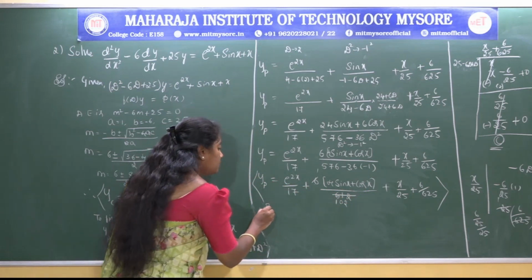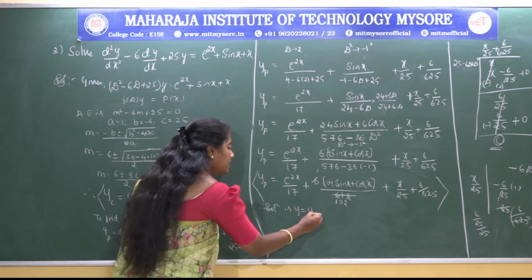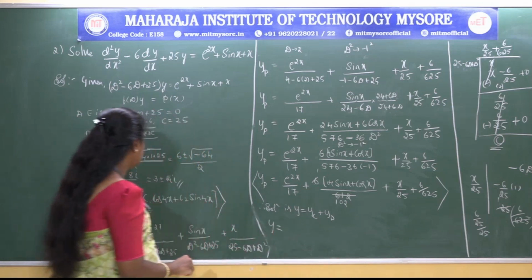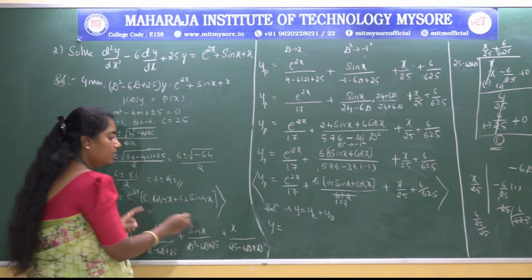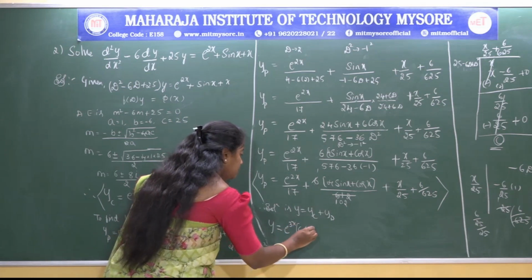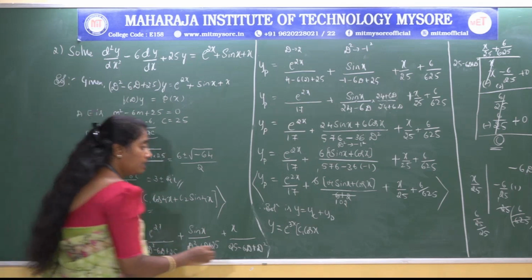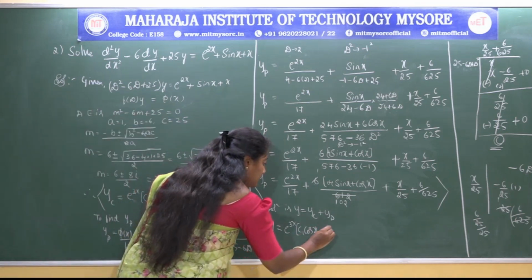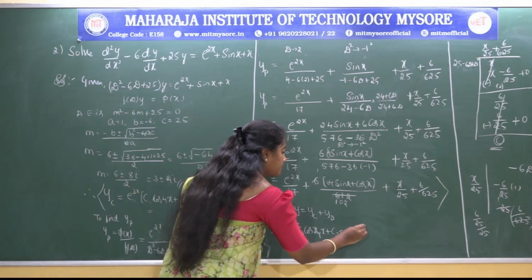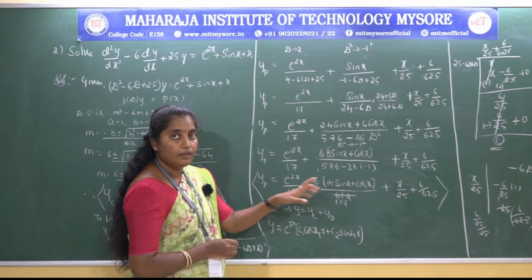Therefore the final solution is y is equal to yc plus yp, where the yc value is e power of 3x into c1 cos 4x plus c2 sin 4x, that is the complementary function. For the particular integral, we have three different elements.